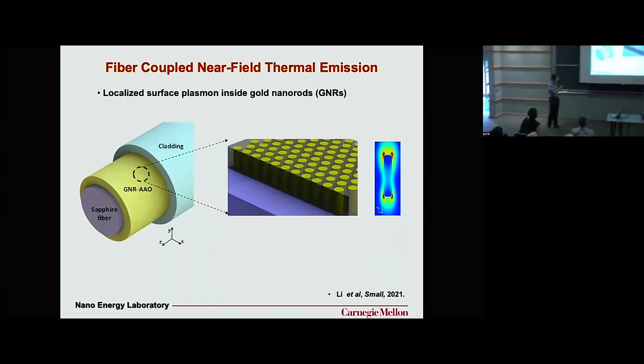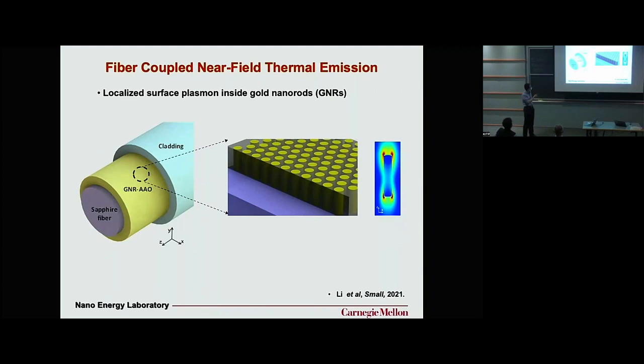You're totally right. We have the evanescent wave from this nanorod, but only a certain wave vector, just like Professor Fan mentioned, can be coupled into the propagating wave inside the fiber, and then we can measure it remotely. I also agree with you: if you put some grating there, you can probably scatter more light and convert it into the propagating mode.